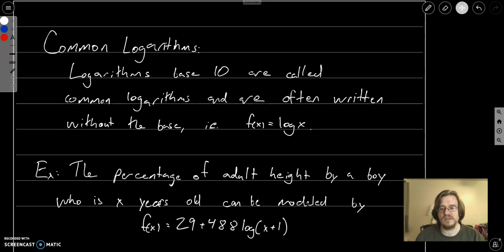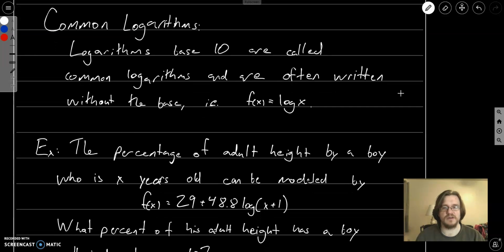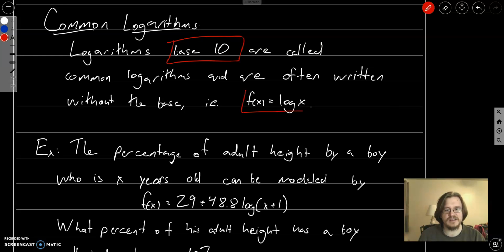So there are a couple of common types of logarithms. The first one is just called the common logarithm, and this is the logarithm base 10. Whenever you see a logarithm without a base written, so this is f of x is equal to log x, and we don't see the base there, the base is 10.